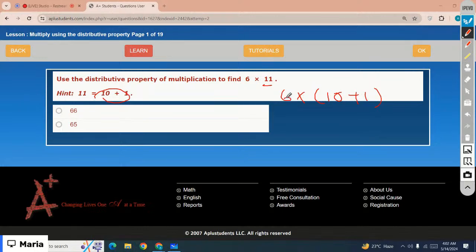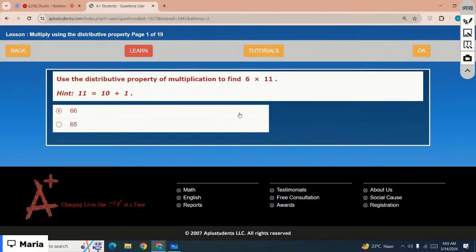You have to do 6 times 10, plus 6 times 1. So 6 times 10 is 60 and 6 times 1 is 6, that is 66. This is not important to find the answer. The important thing here is to learn how to apply the distributive property, right? The correct option is 66. Option number 1 is the correct option.